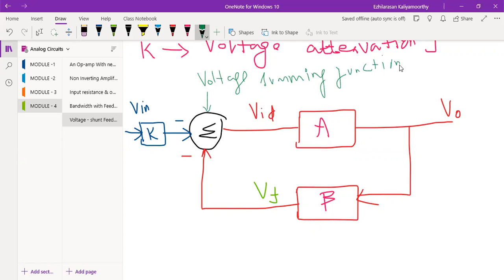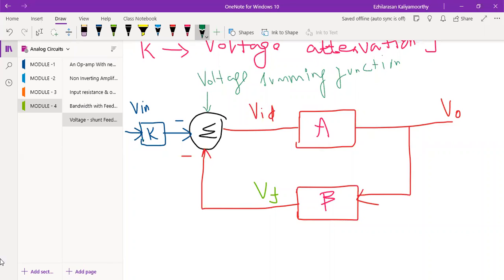So now the closed loop gain of the inverting amplifier is nothing but K times the closed loop gain of the non-inverting amplifier. That is how simply we can say it.